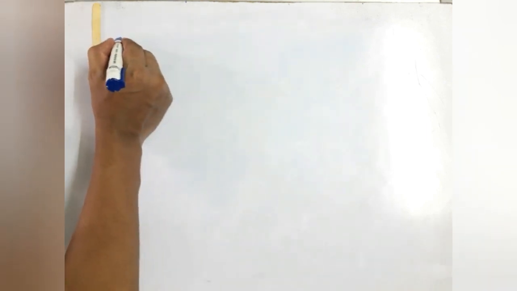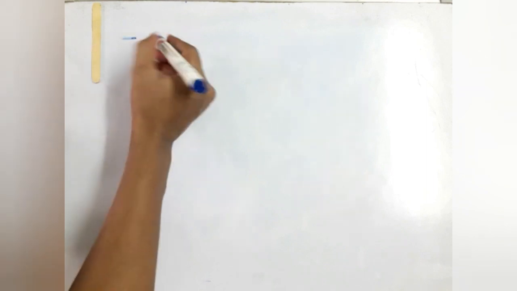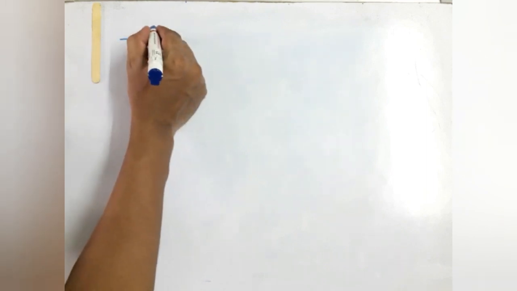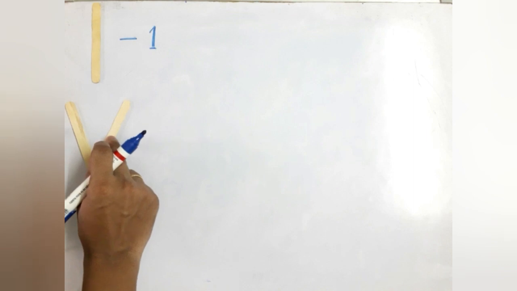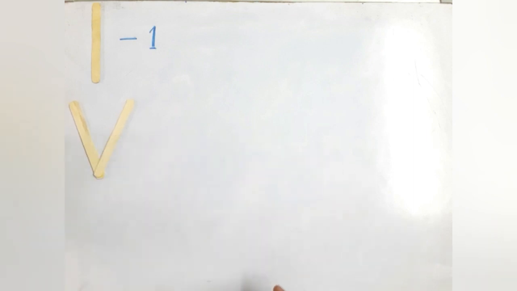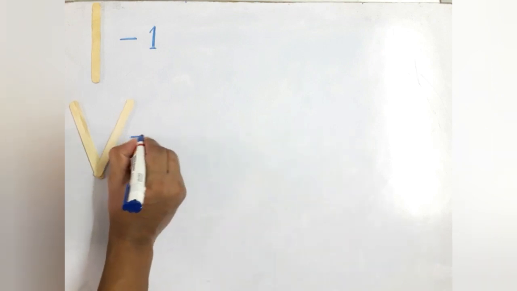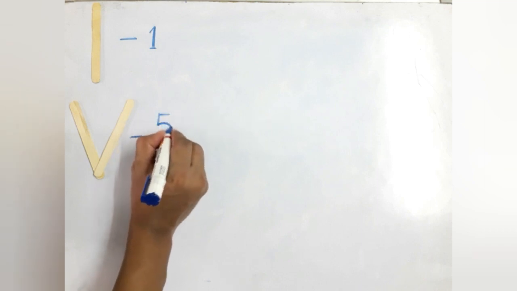The first symbol they use to write a number is I, which is 1 in Hindu-Arabic numerals. The next symbol is V, which indicates 5.